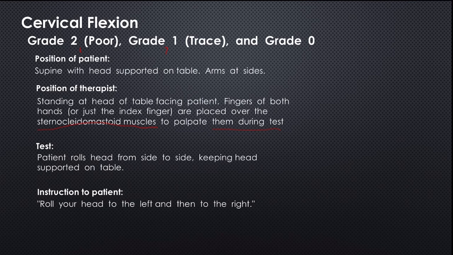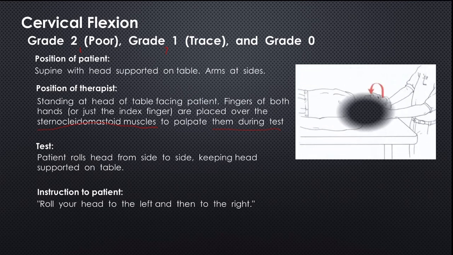keeping the head supported on the table. Roll your head to the left side, and then to the right side. If the patient can do that, probably the patient has grade 2. If the patient is rotated to the side, then tries to flex the neck and can only partially flex it, then there should be grade 2.